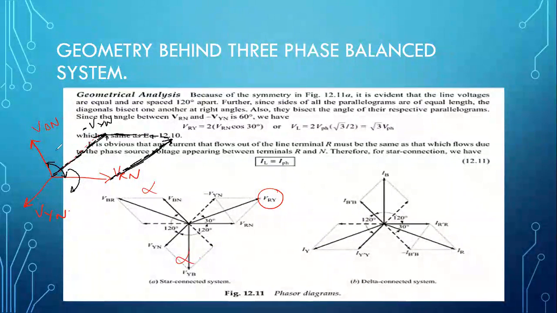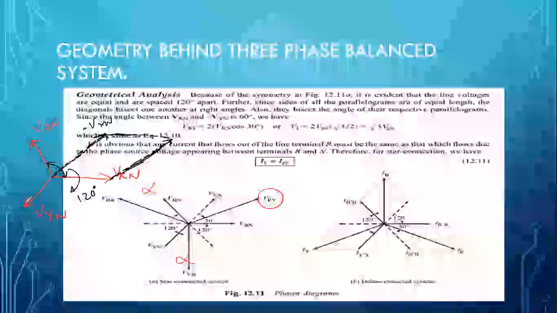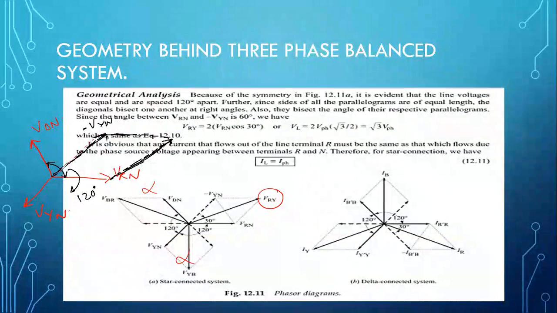Between R, Y and B, what is the angle between any two of them? 120 degree. When I intersected this, it will divide this angle equally. So this is your 60 and this is also your 60 degree.